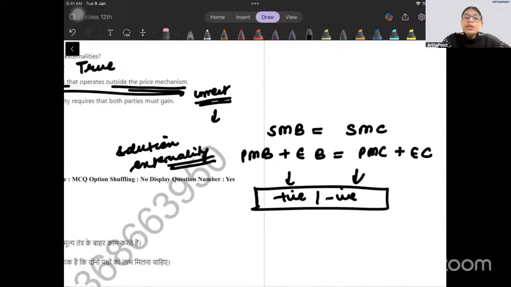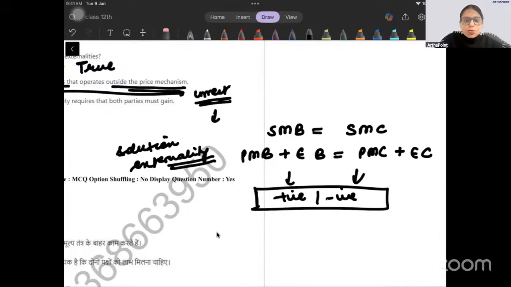Now think about inframarginal. So what is inframarginal? Inframarginal refers to any unit, any agent that lies inside the margin, not at the margin, but inside the margin. So marginal होता है the cost of extra one unit, the benefit from extra one unit, और inframarginal होता है all earlier units. तो हम earlier units का भी बता सकते हैं कि what has been the external cost or the external benefit of the earlier units, right?